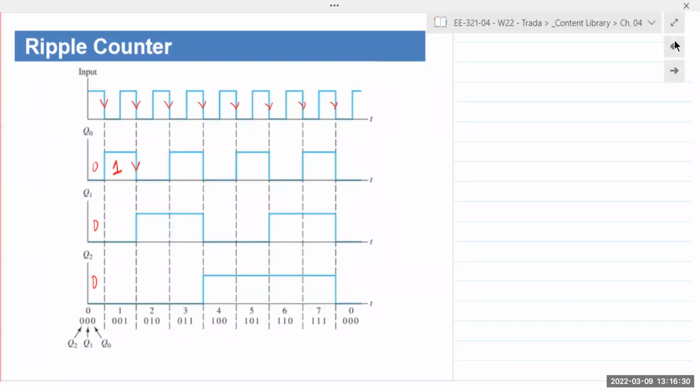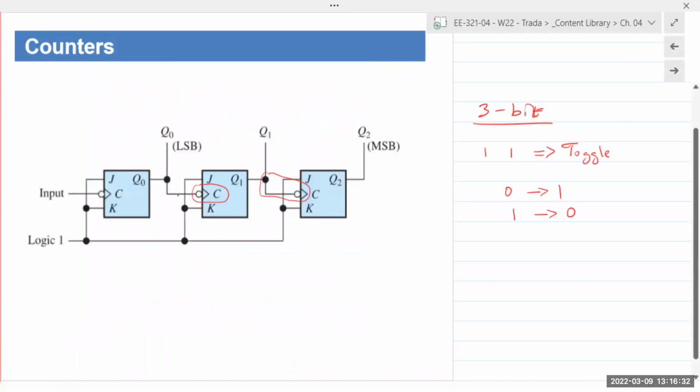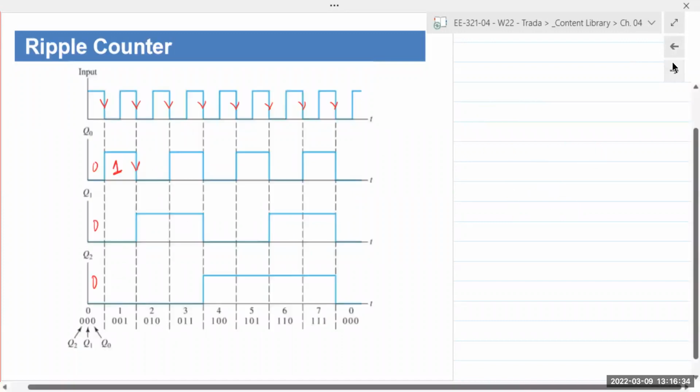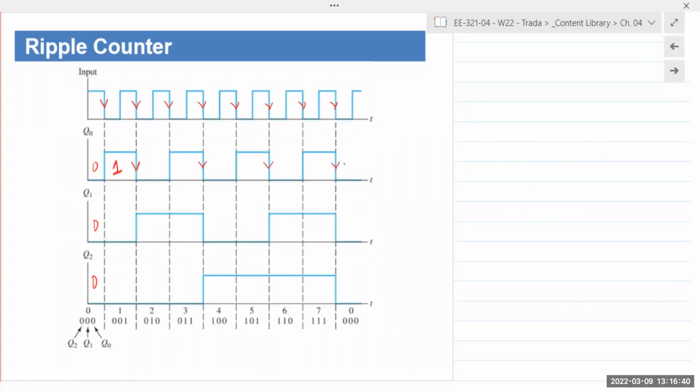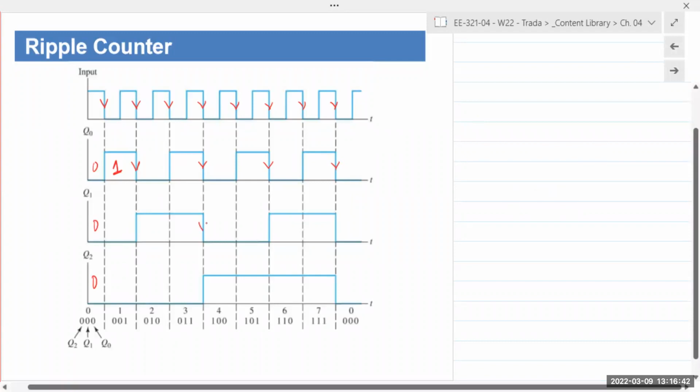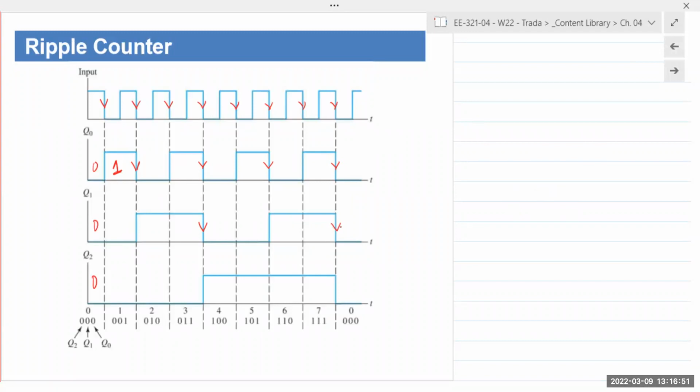That makes sense. This clock input doesn't go negative until these triggers and these edges. The same way, this doesn't go negative until here. So each successive one does not activate unless and until the edge goes negative.